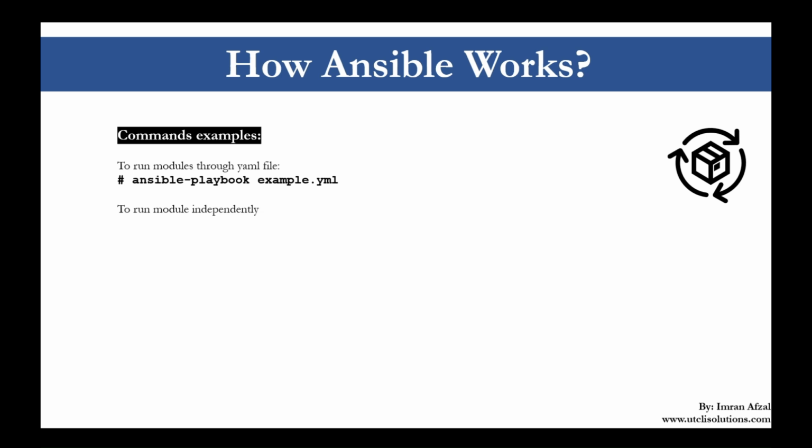To run a module independently, meaning if you wanted to run a specific module without running it through a YAML file, as an ad hoc, you could do just ansible, my servers, for example, where my servers is the list of your hosts. And let's say you want to run the module ping to ping them, you could do that. For this, you don't need a YAML file. However, we will cover that later on, so not to worry about it right now.